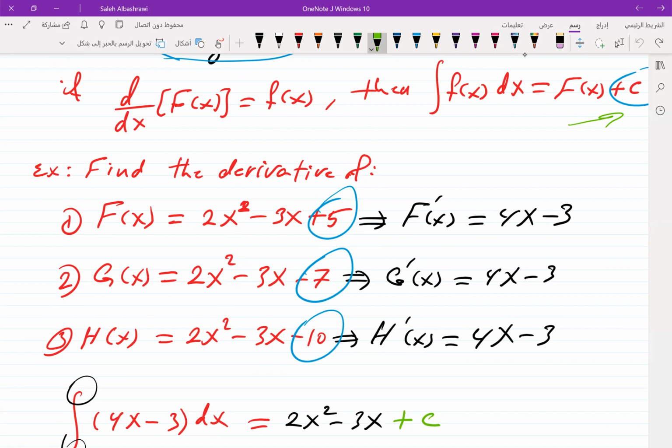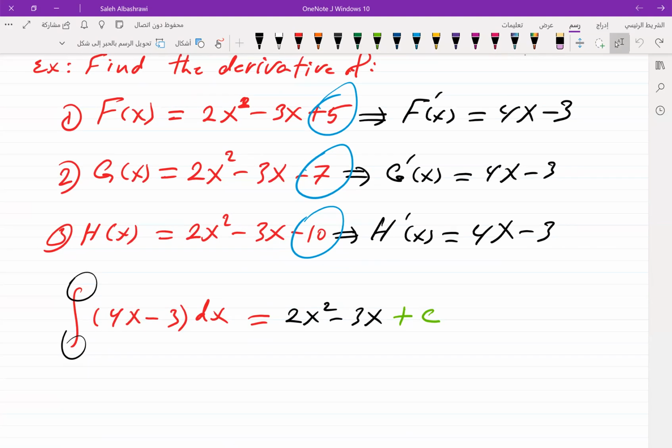So it is 2x squared minus 3x plus c because I have an indefinite integral. Indefinite means there is no limit for the integration. Later on, we are going to speak about the definite integral, where it will be restricted between two values.